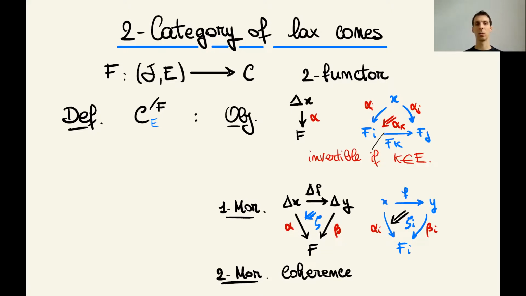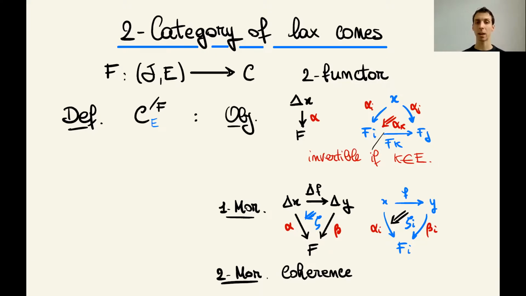What is this two-category of lax cones? It's very easy. The objects are the cones over F, so triangles filled with some two-cells. These two-cells might be invertible or not, depending on this marking E. You can choose pseudo or lax, it doesn't matter much.